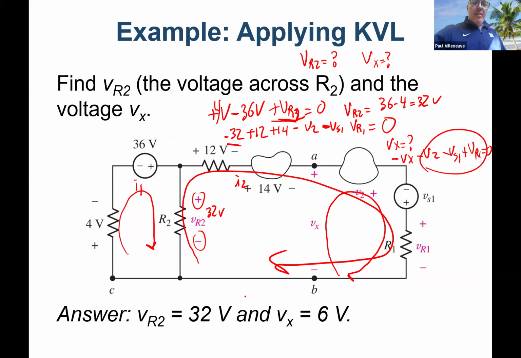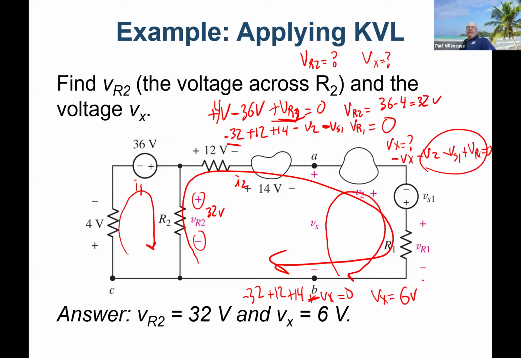So our equation becomes negative 32 plus 12 plus 14 plus Vx equals 0, right? Or minus Vx, sorry, I'm opposite. So my Vx value is equal to 6 volts.